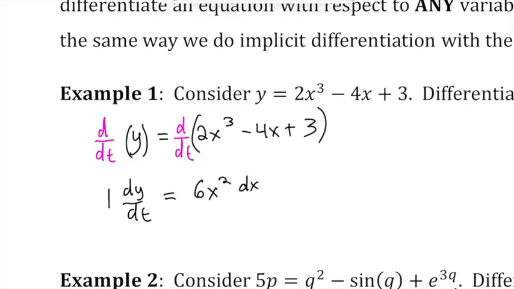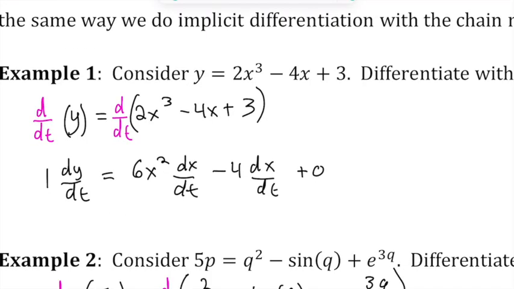Since we took it with respect to x and t, it's dx/dt. When we take the derivative of minus 4x, the x disappears and it turns into minus 4, but since it's with respect to time, it is dx/dt. And the derivative of a constant is 0. That's all it's asking us to do.